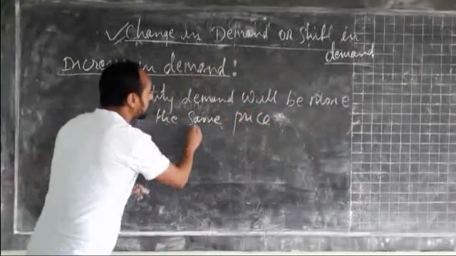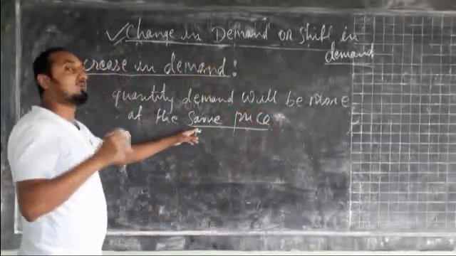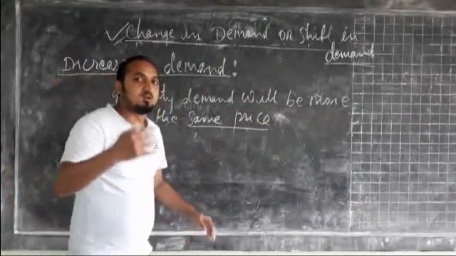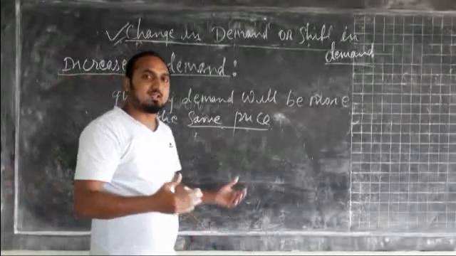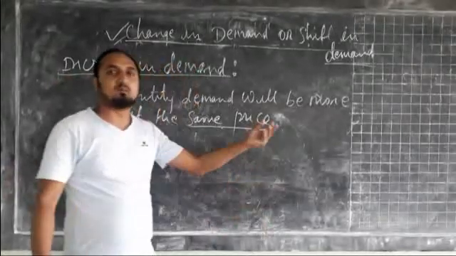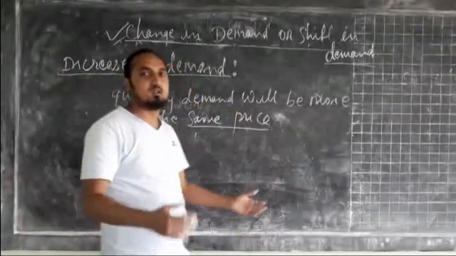At the same price means the price is remaining same. The quantity demand will increase due to increase in other factors, as we have mentioned so many times: income of the consumer, taste and preference, etc.